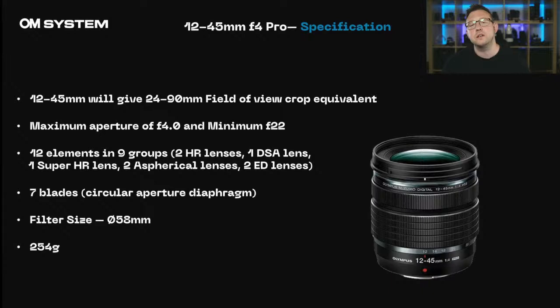Now, for a lens of its capability as an f4 constant, with a 12 to 45 or 24 to 90 equivalent zoom range, that's actually so light. This lens is actually smaller and lighter than our 12 to 40 f2.8. So that's our first kind of start into the specifications.